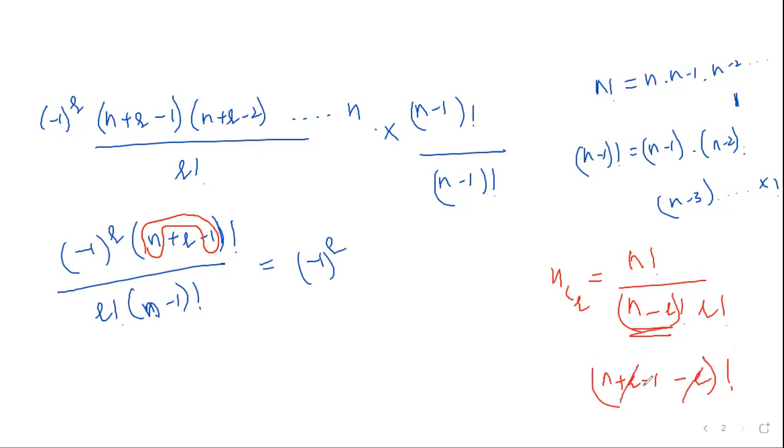Positive r and negative r will get cancelled, n minus 1 factorial. So this can actually be written as n plus r minus 1 C r, or we can even write it as minus 1 power r times C of n plus r minus 1 comma r.